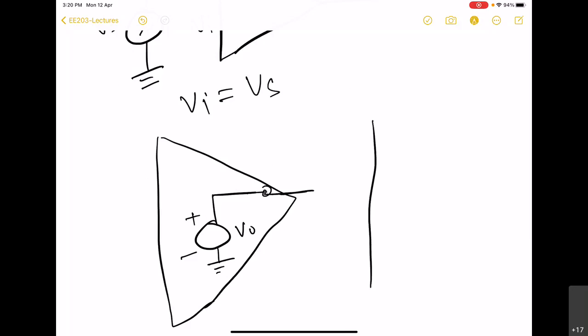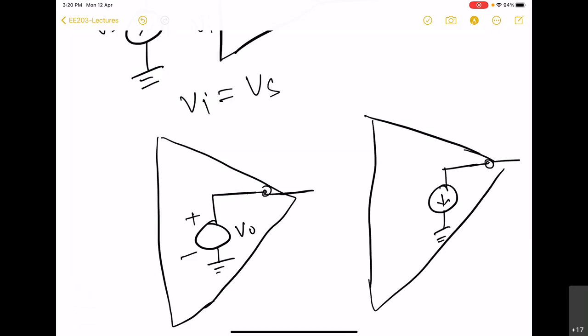But here you cannot assume a current source on the output side. Suppose we try to include a current source like this on the output side, then we know that its impedance is infinite, right?